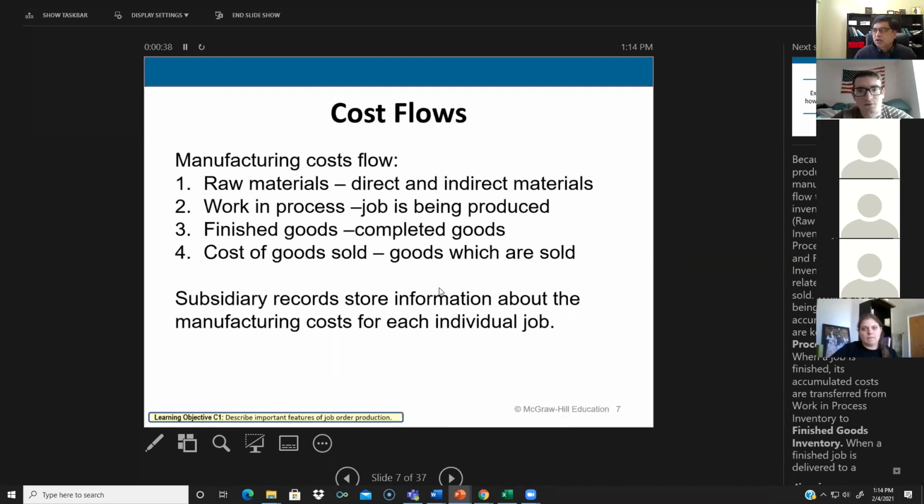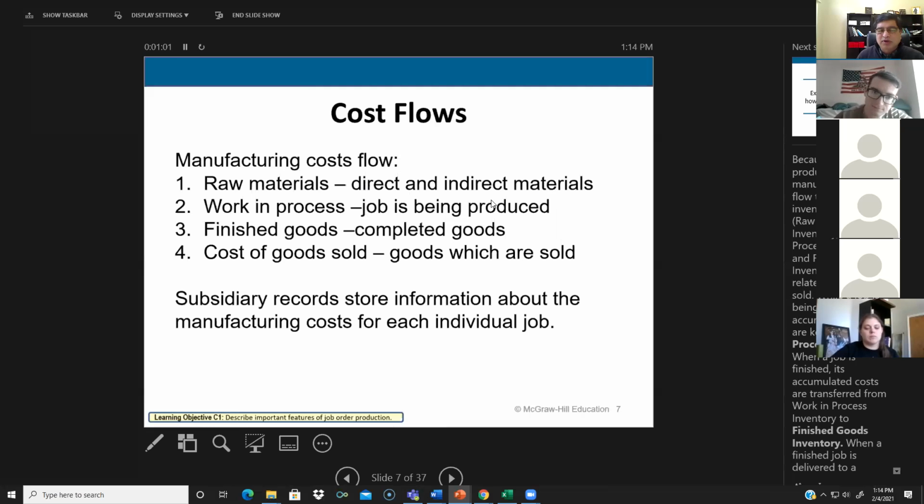Yes. Okay, so now when we account for job order costing, you basically follow how the goods move from the raw material stage to the finished goods stage. So you start with the raw material. It could be direct material or indirect material.